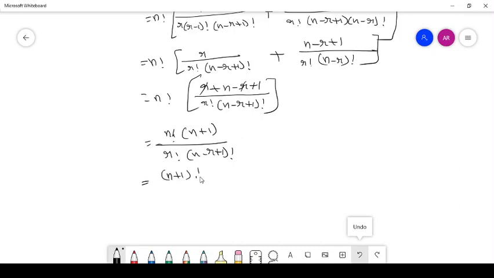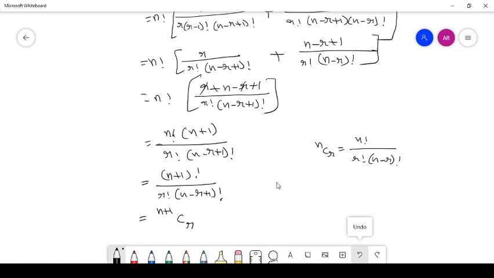So we get (n plus 1) factorial by r factorial into (n minus r plus 1) factorial. By using the result nCr is n factorial by r factorial into (n minus r) factorial, here (n plus 1) factorial by r factorial into (n plus 1 minus r) factorial is n+1Cr. This is nothing but n+1Cr. So our theorem is proved.